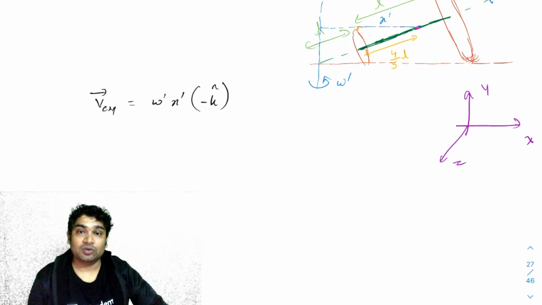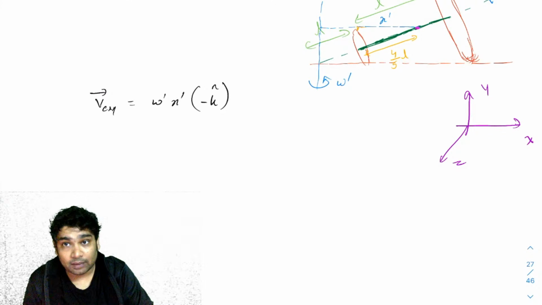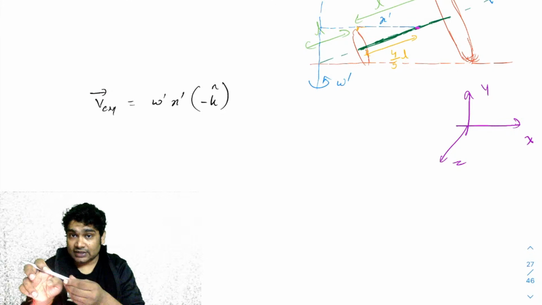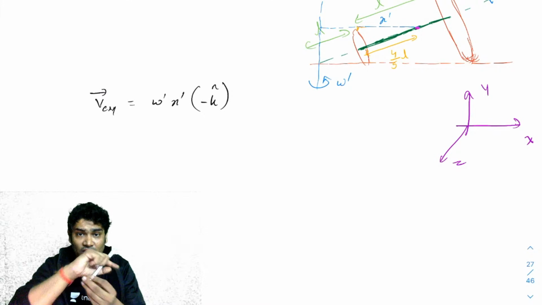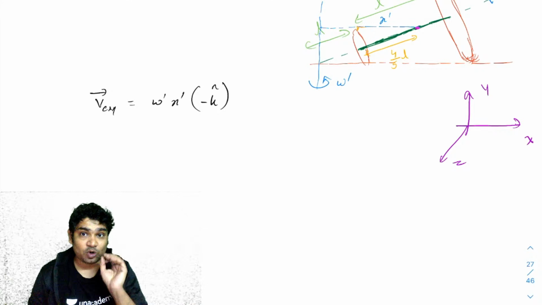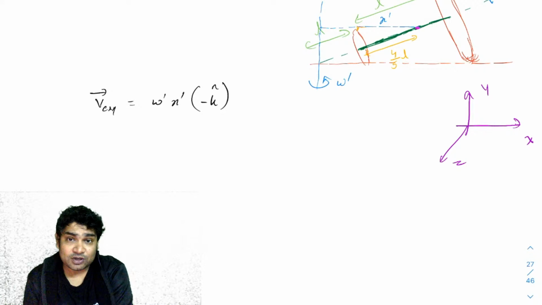Please note that this will be the velocity of the CM. Think about this: this entire assembly is rotating, so the CM is rotating with a constant speed. Omega dash I already know is omega by 5.